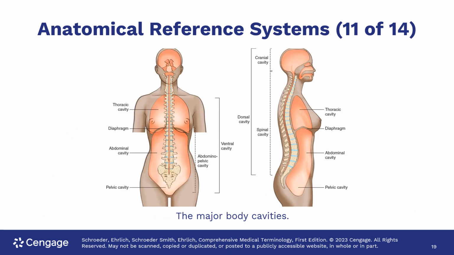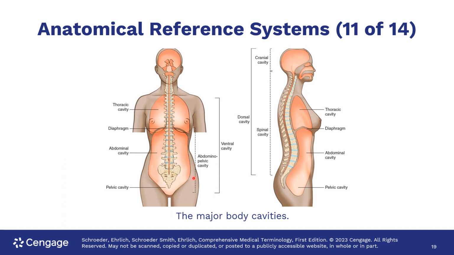This is a visual of the location of these body cavities. Thoracic, chest. Here's the diaphragm that separates the thoracic from the abdominal cavity. That's the abdominal cavity. And down here, here's the hips.